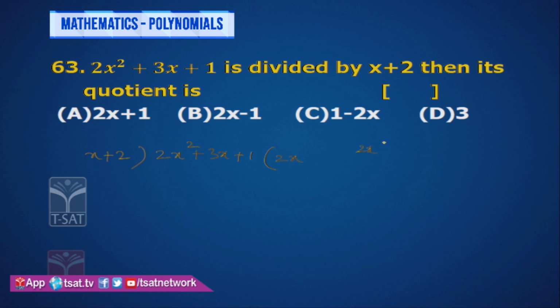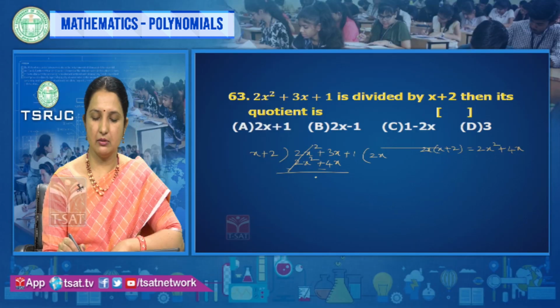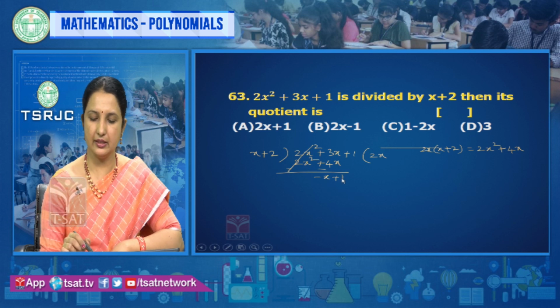So you multiply this 2x with x plus 2. What will you get? 2x into x, 2x square, plus 2x into 2, 4x. So write this here, 2x square plus 4x. And when you subtract, you have to change the symbol, minus and minus. So plus 3x minus 4x is how much? Minus x plus 1. I'll get here.